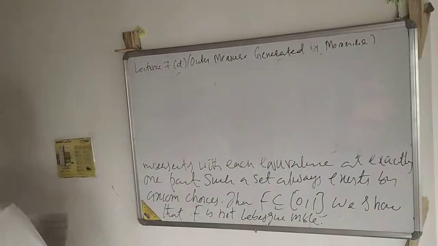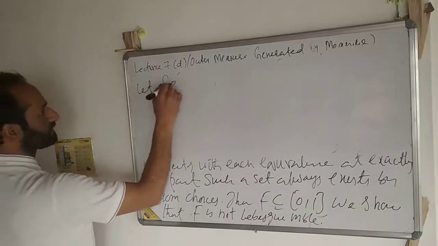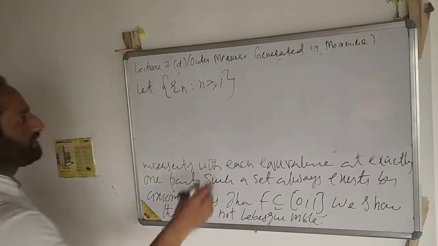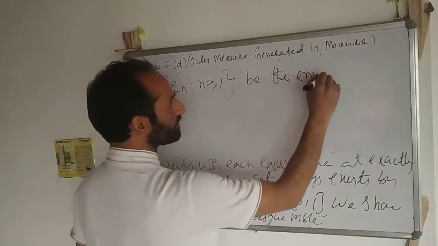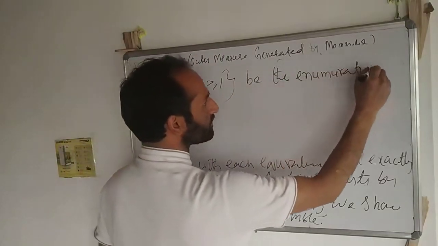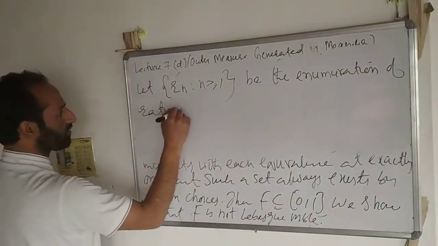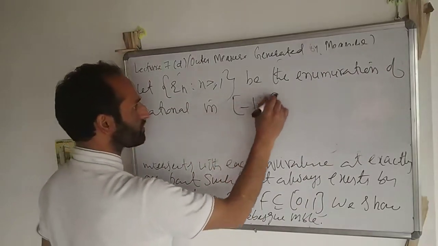So let's take the enumeration of rational numbers, because rationals are countable. Let R_n, n greater than or equal to 1, R1, R2, and so on, be the enumeration of rationals which lie in the interval [-1, 1].